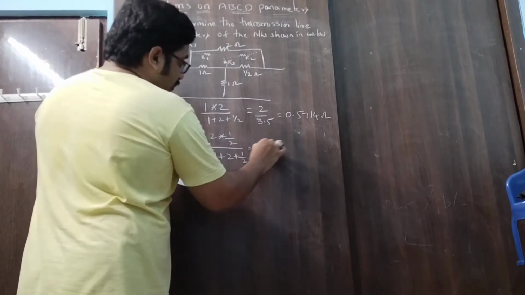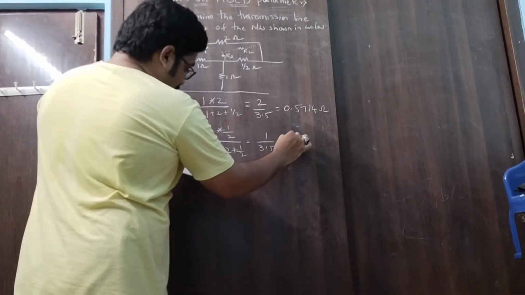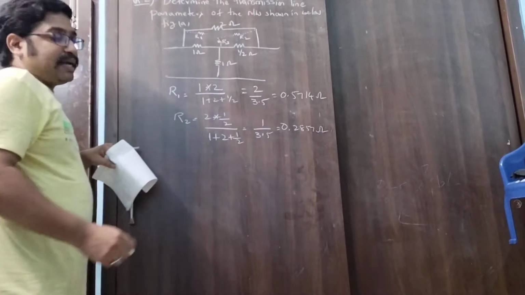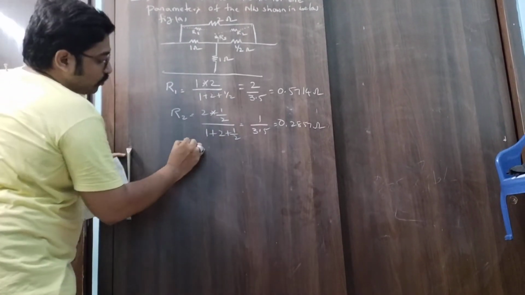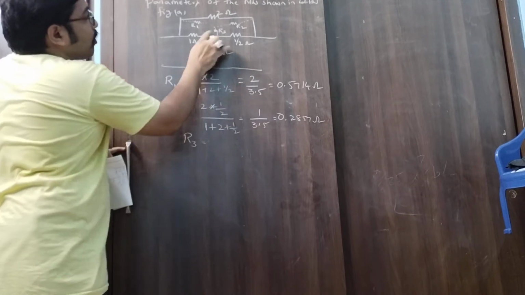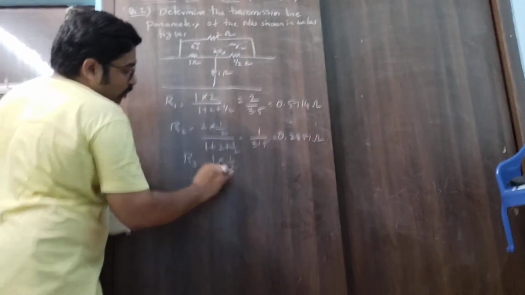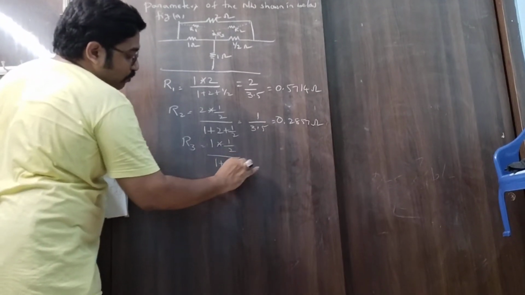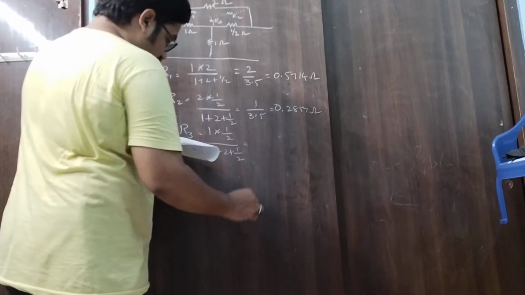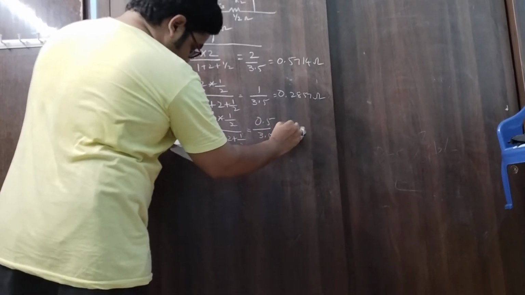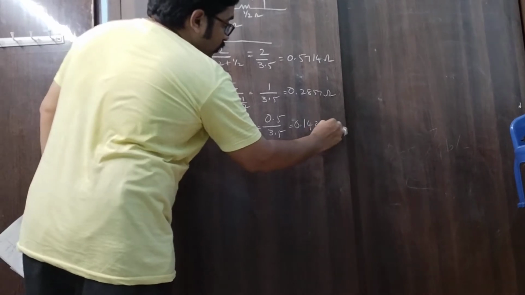If you simplify, you get 1 divided by 3.5, so 0.2857 ohm. At the same time, R3 is equal to the product of the adjacent two branches, 1 multiplied with 1 by 2, divided by 1 plus 2 plus 1 by 2. If you simplify, you get 0.5 divided by 3.5, so 0.1428 ohm.